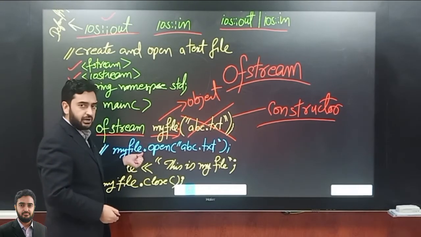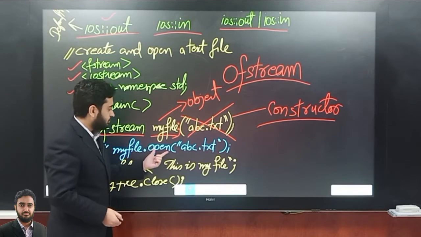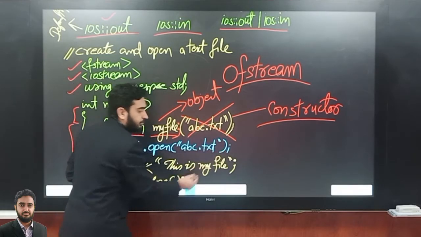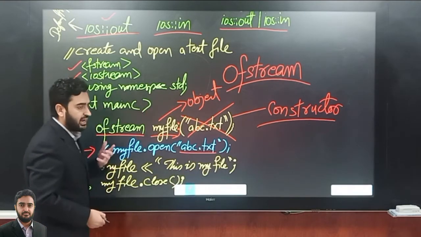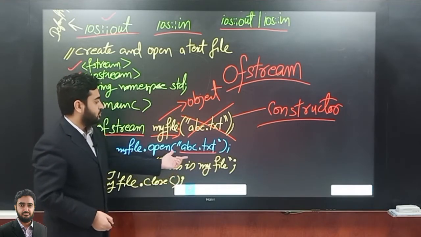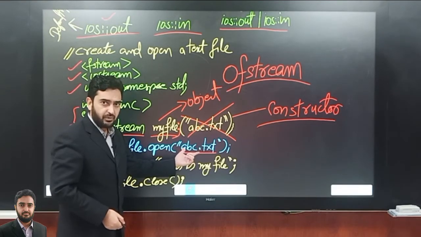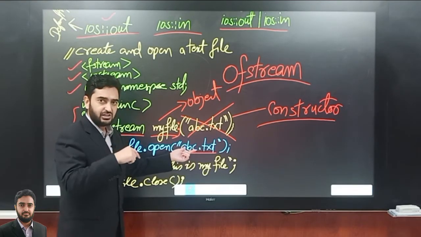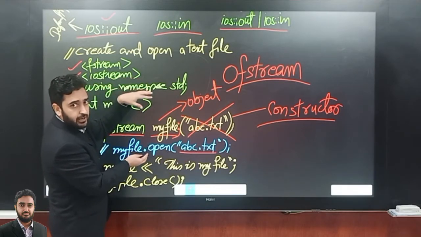With the dot operator we can call the function of the object myfile, open, and then parentheses, and then you can write the name of the file. We are interested in creating or opening a file in the directory where this code has been saved.